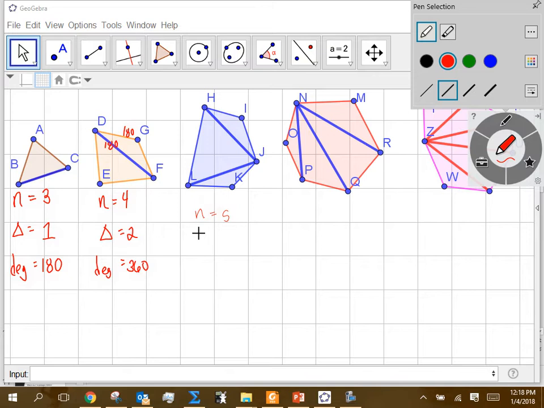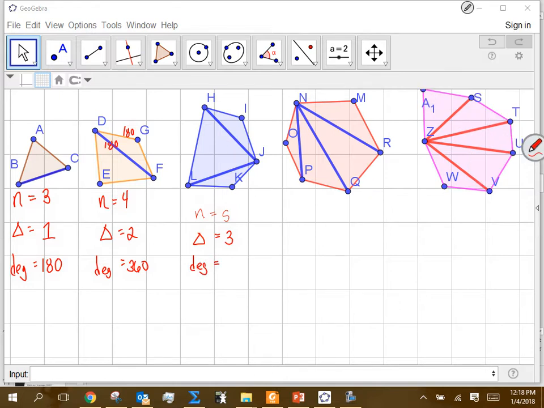How many triangles does that give you? 3 triangles. How many degrees would that be then if each one of those is 180 degrees? 540. Come over here. N is 6. How many triangles do you get? 4 triangles, right?